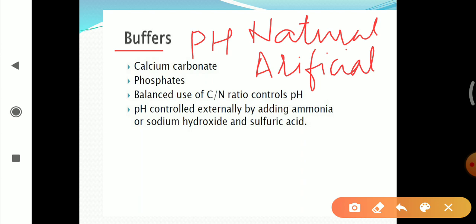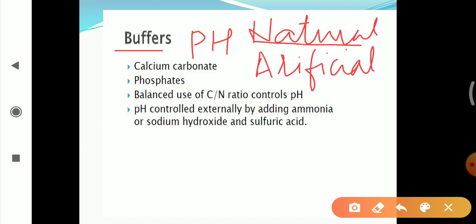If we are using a natural medium, it has a dual function. First, it acts as a nutrient source, and it also has a greater buffering capacity.